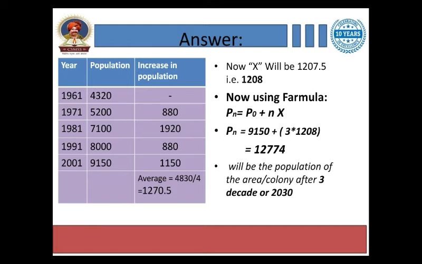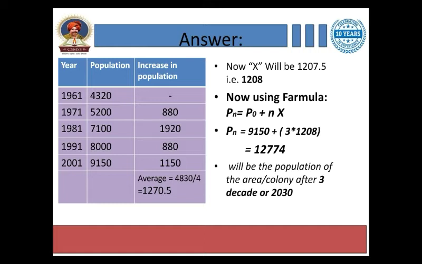Same again for 1981, 7100 minus 5200, we get 1920. Same for 1991, 8000 minus 7100, we get 880.